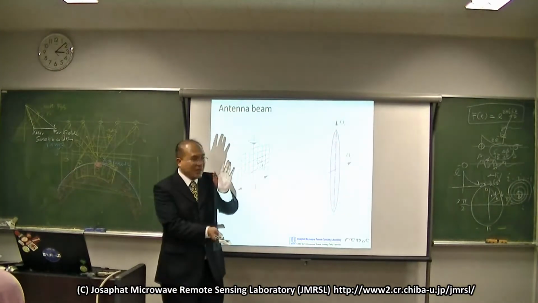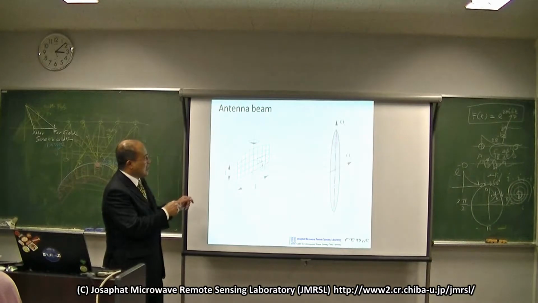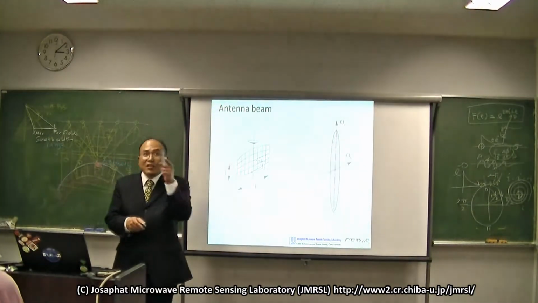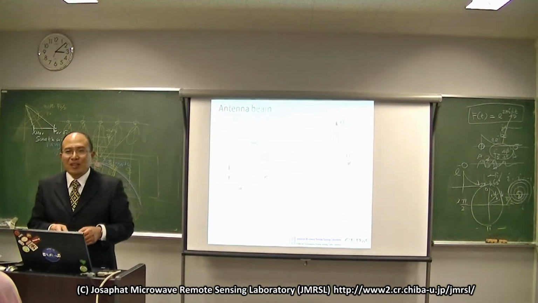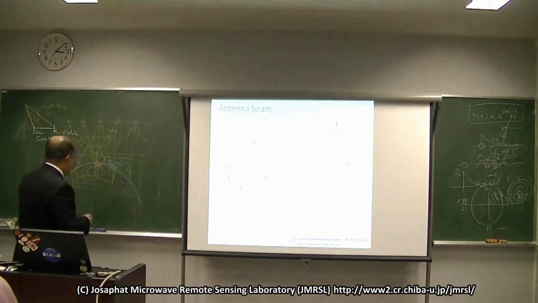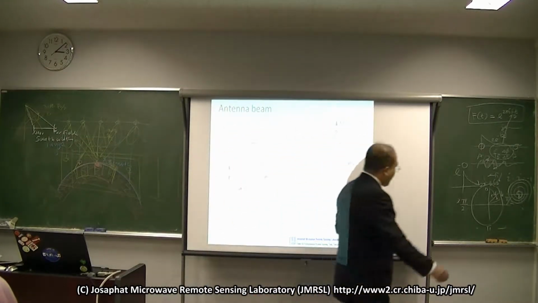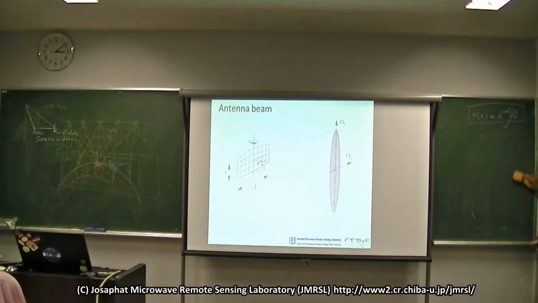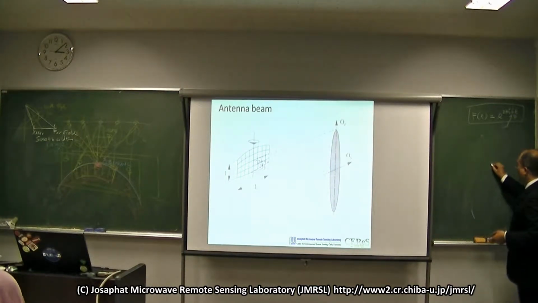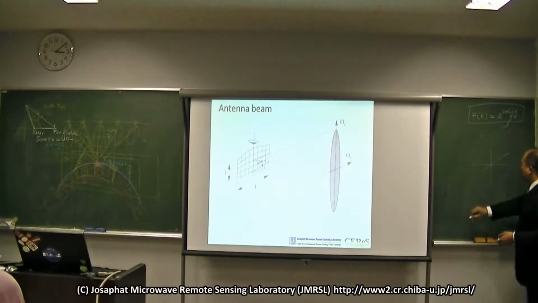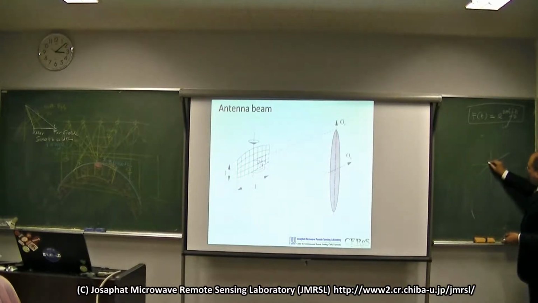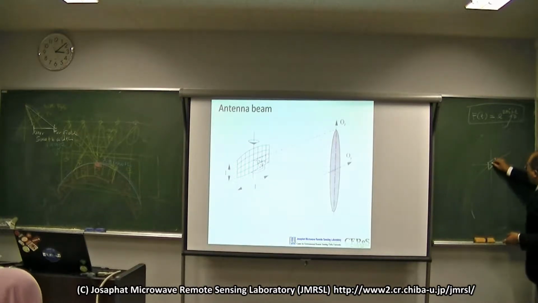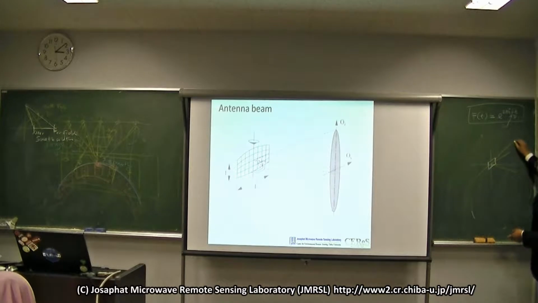So if the antenna has a shape like this one, the beam is like this one. You can see in the iPod the shape is like this. Why? Because we want to observe the area like this.